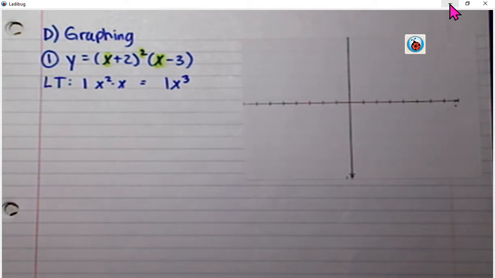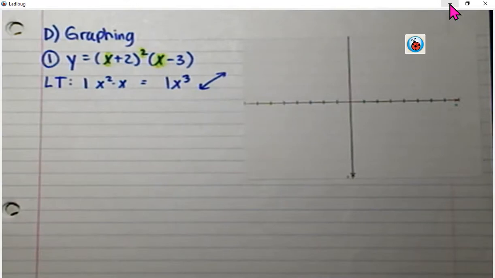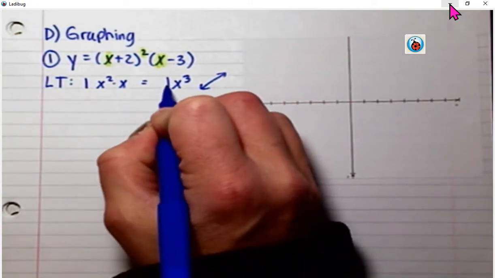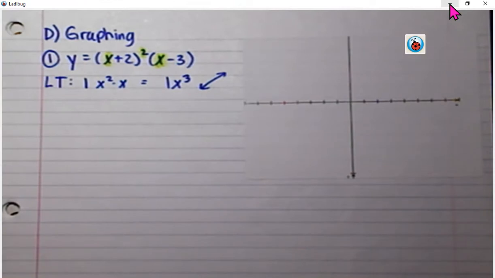It's cubed. Odd exponents are opposites. So I make a note to myself: if my leading term is 1x cubed, it's going to tell me this end behavior. I can already tell the coefficient is 1 and the degree is 3. That is the whole reason you need the leading term, to figure out the end behavior.